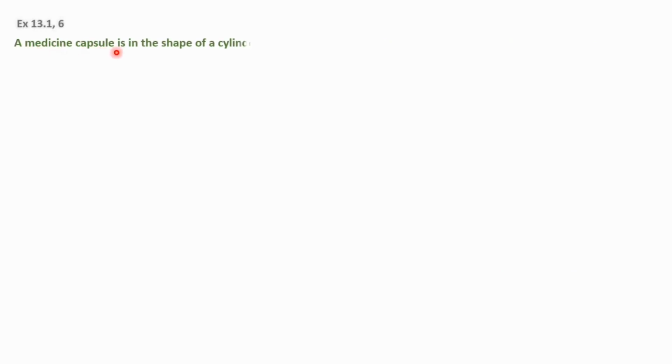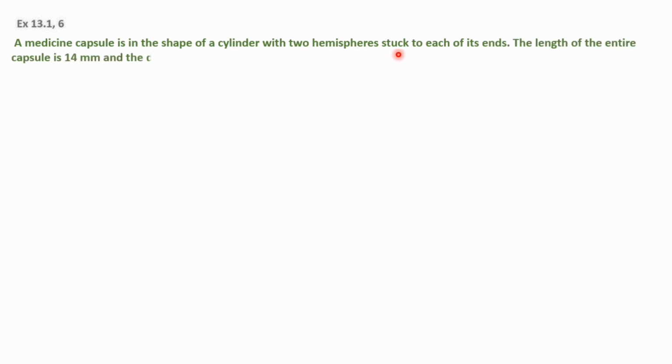A medicine capsule is in the shape of a cylinder with two hemispheres stuck to each other at its ends. The length of the entire capsule is 14 mm and the diameter of the capsule is 5 mm. Find its surface area. You might have seen the capsules we get from the medical shops.